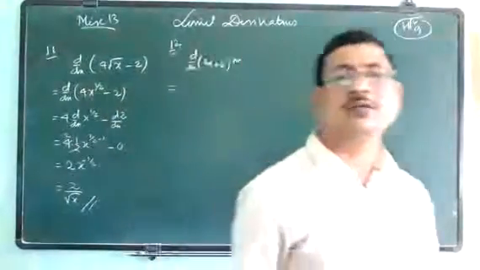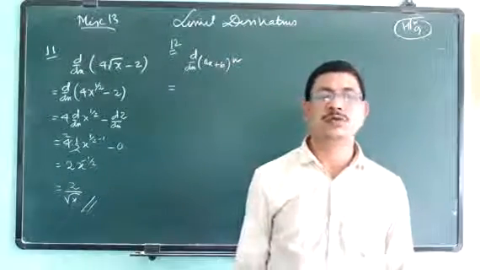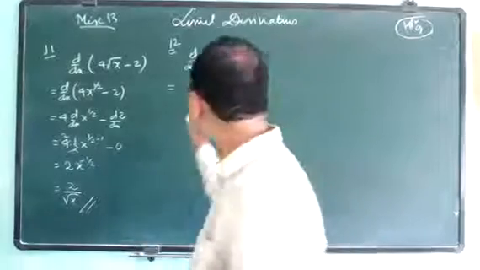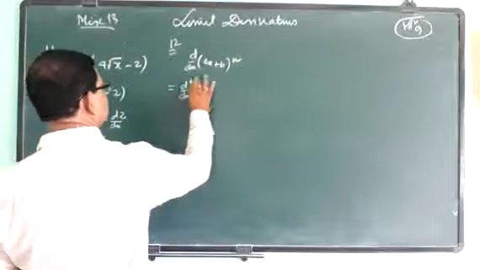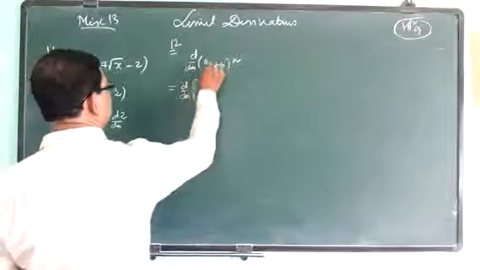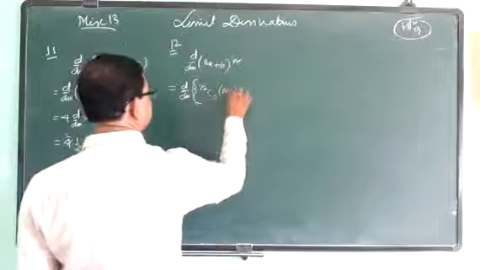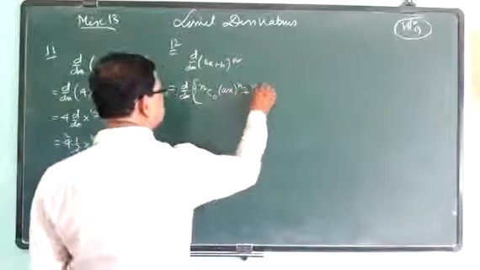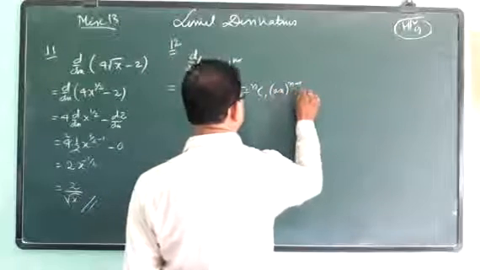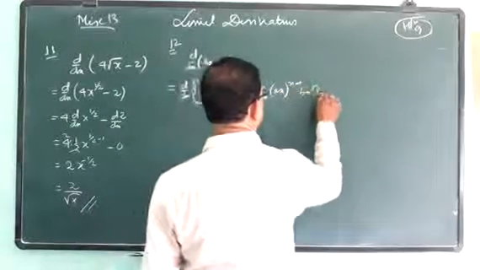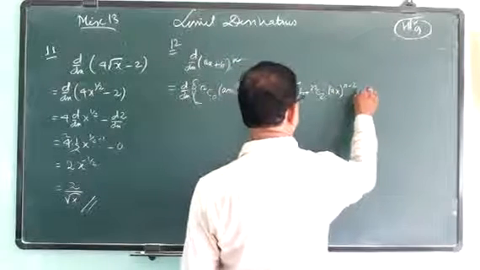Binomial expansion: (x plus y) whole to the power n. Let's see what it will be. If we write it in the second bracket: nC0 (ax) to the power n, nC1 (ax) to the power n minus 1 into b, nC2 (ax) to the power n minus 2 into b square.